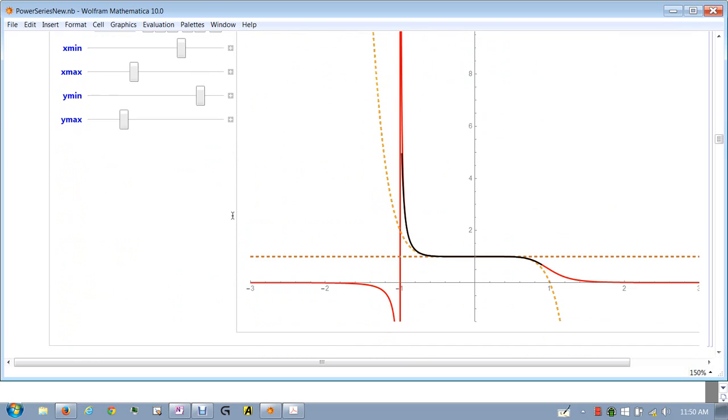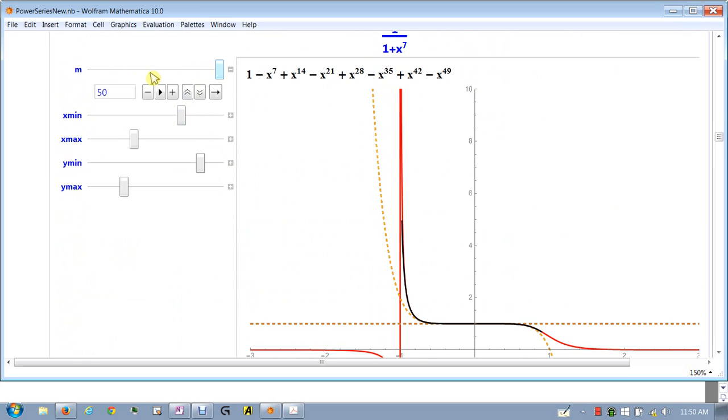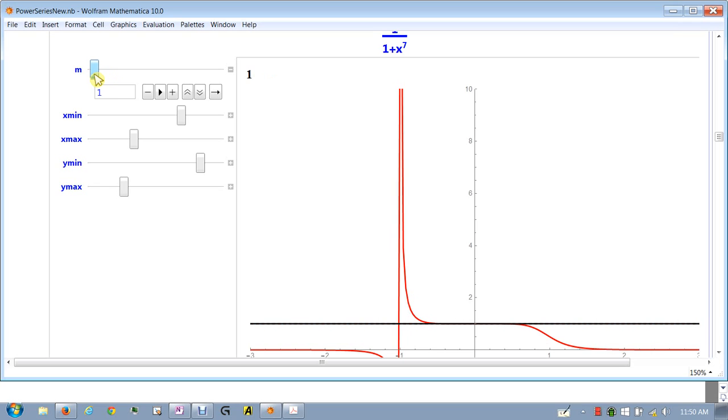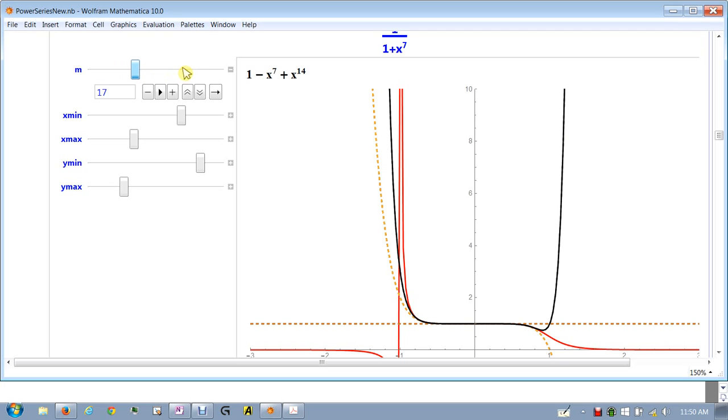There's another one. This one's kind of cool to see. So I'm approximating this one, the red one, with the black one, and it's not good. It's better. It's getting better. Where'd it go?